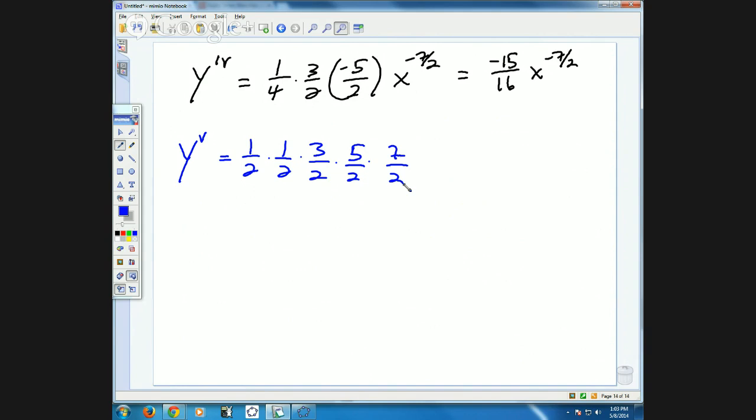This one is negative, so this one is negative, times x to the negative 9/2. And we could clean that up quite a bit. So 105, is that right? 35 times 3, yeah, over 32, x to the negative 9/2.